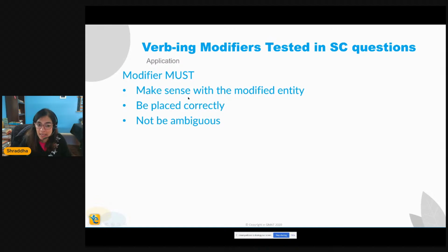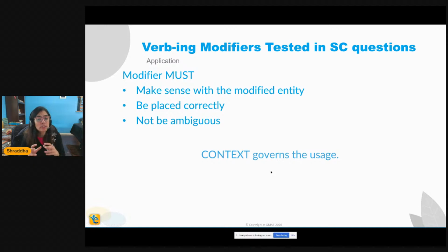Modifiers must make sense with the modified entity. Every modifier used in the sentence must be 100% logical. The placement must be absolutely precise, otherwise the modification may be ambiguous. And of course, there should not be any ambiguity. These were the traits that we spoke about in our opening slides as well.